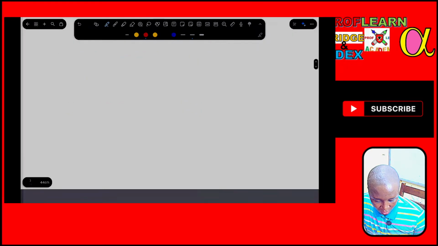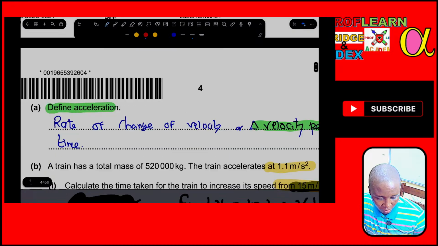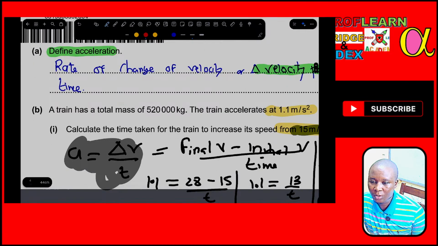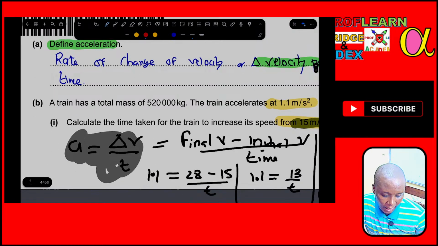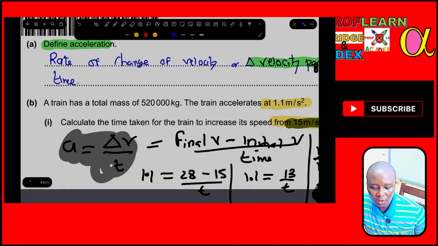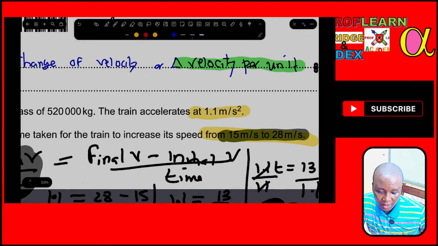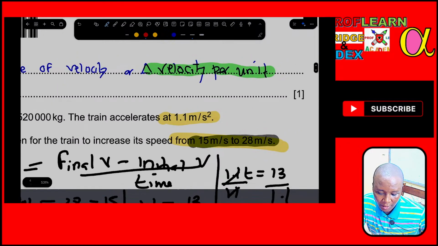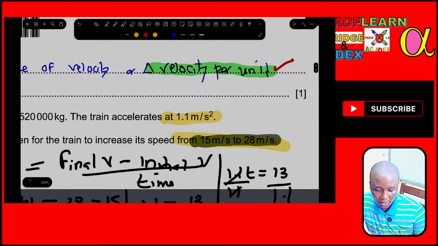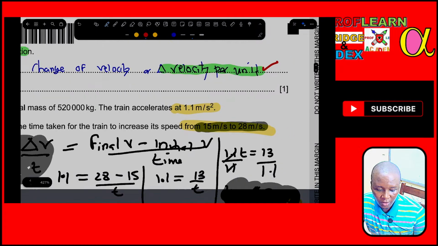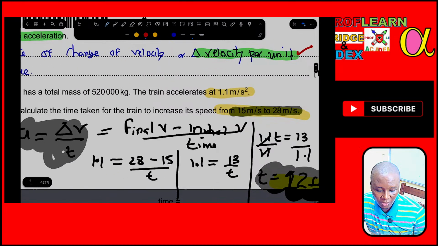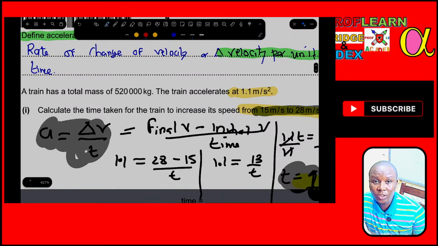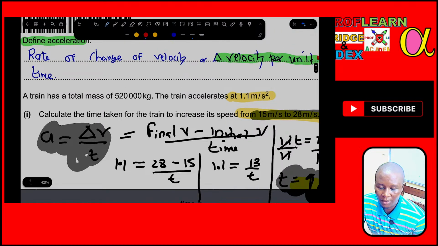Moving further, we are also given a question to define. You may be asked to define the term acceleration. Acceleration is the rate of change of velocity, or we can say it is the change in velocity per unit time. So different ways you can define acceleration are: rate of change of velocity, or change in velocity per unit time.